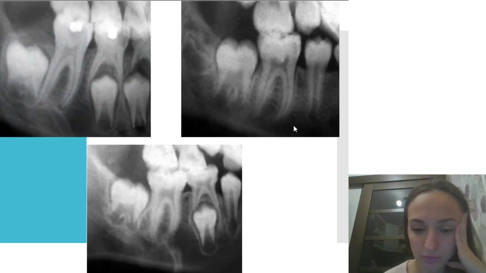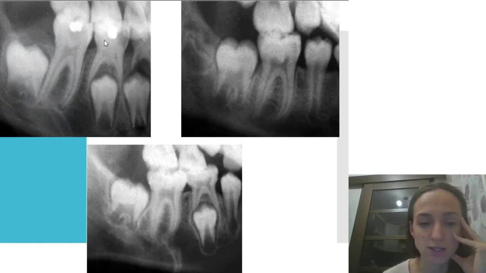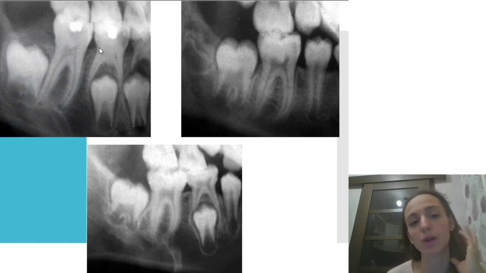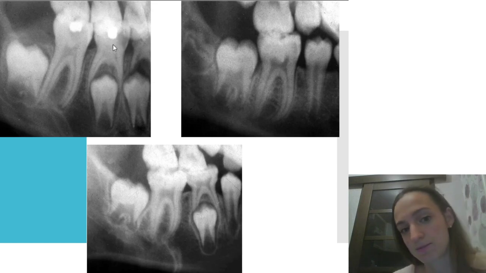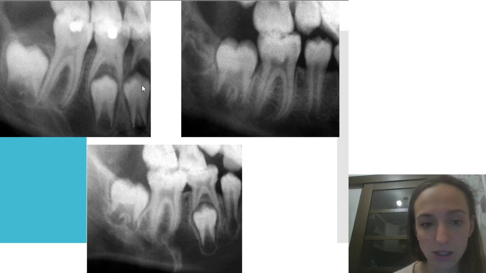Then here you can see a filling. It is a second molar, deciduous molar, and look at the contact surfaces, and we have pulpitis here and an unformed apical foramen.